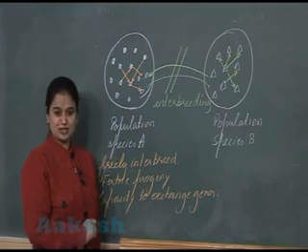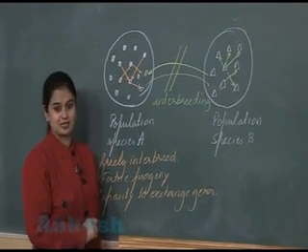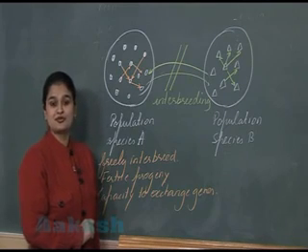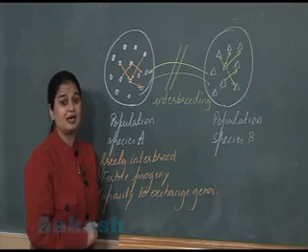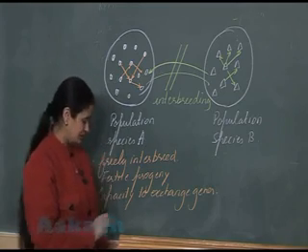Between the different species, interbreeding is absent. It means these two different species cannot reproduce. So you can say they are reproductively isolated.